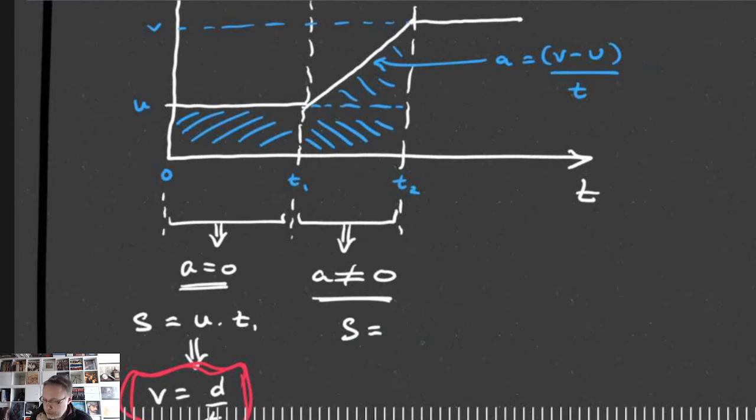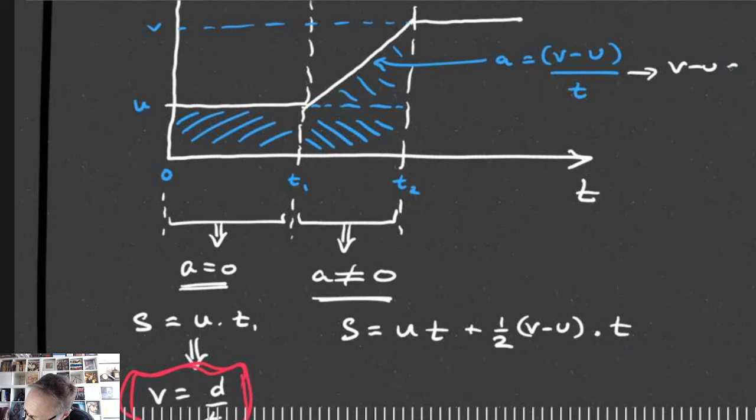s is equal to the rectangle first, that's ut. Remember, I'm using t to represent that time, the time of the acceleration, plus, and then I've got the triangle, half the base times the height. Half v minus u, that's the height, times the base, t. And if you look, I already know from this that v minus u is at.